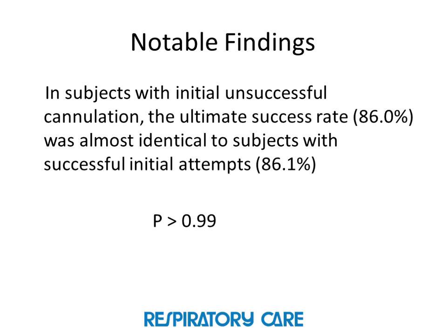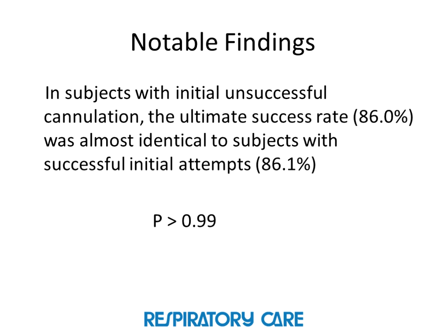There were a couple of findings that in a way were very interesting. In subjects with initial unsuccessful cannulation, the ultimate success rate was almost identical to subjects with successful initial attempts.